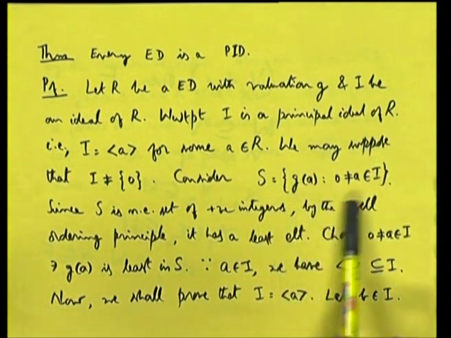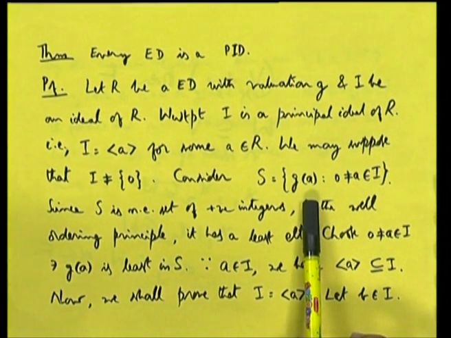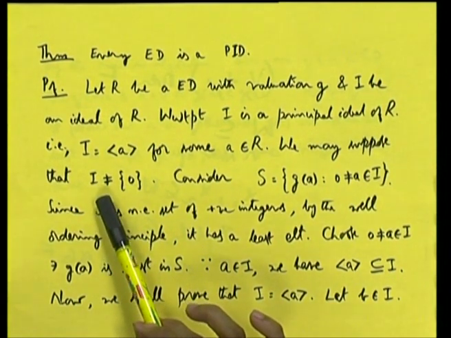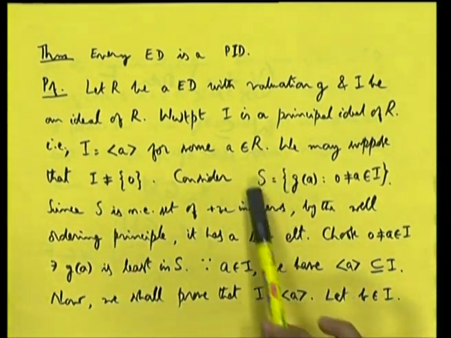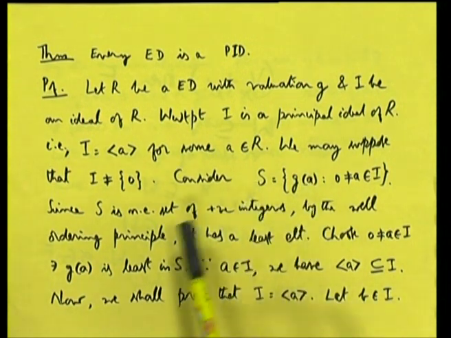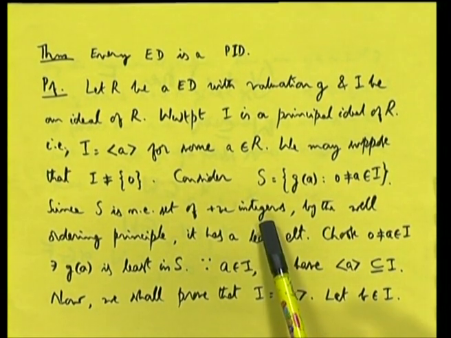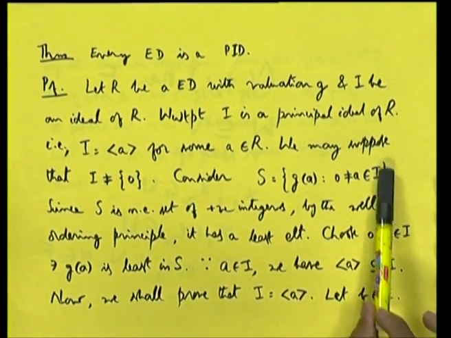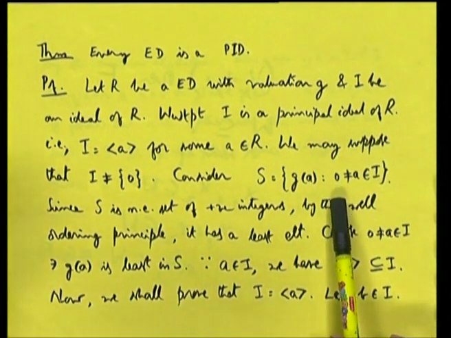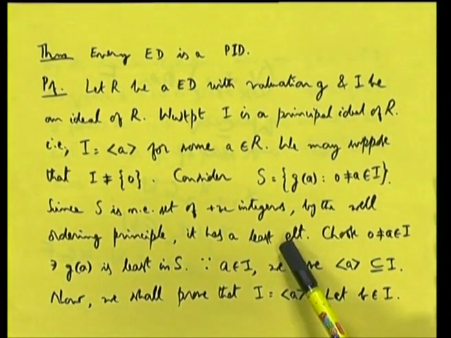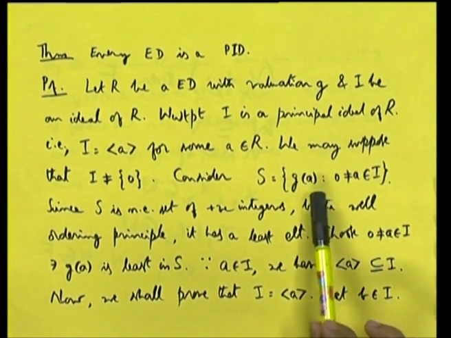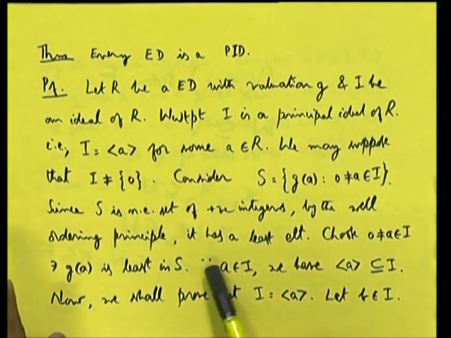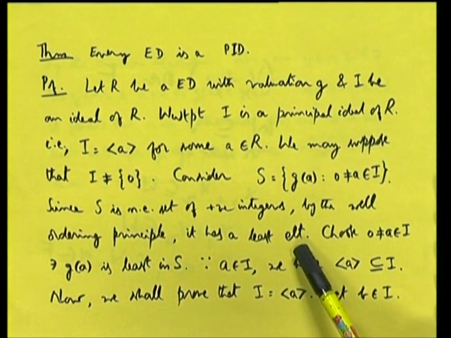So this set S of such g of a's is a set of natural numbers, and because this I has at least one non-zero element, this S has at least one element g of a. So S is a non-empty set of positive integers, and therefore bounded below by 0, and we have the well ordering principle: a non-empty set of numbers bounded below has at least one least element.